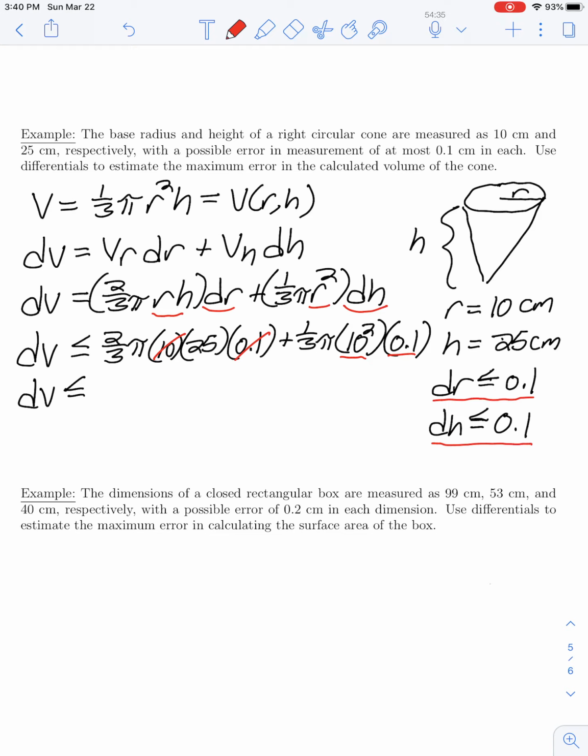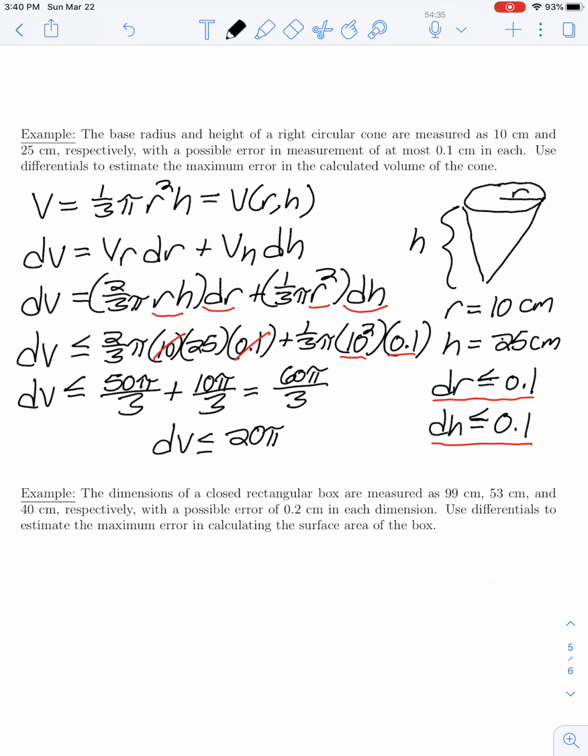So we are left with, for this first part, 50 pi over 3 plus 10 pi over 3. So we have 60 pi over 3, or a maximum possible error in volume of 20 pi.